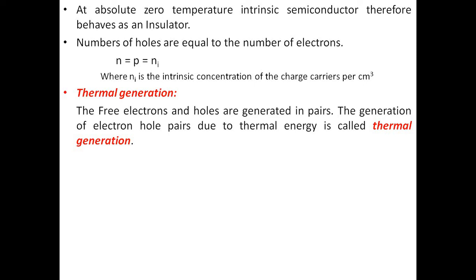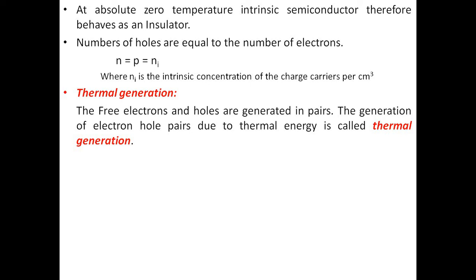Whenever a valence electron becomes a free electron, it creates a vacant space. If you apply more energy, the number of free electrons and the number of holes also increase. This process of generating or creating free electrons as well as holes is called thermal generation.